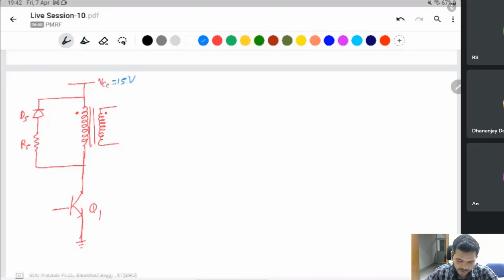This one is 15 volt. When switch Q1 is on, it means this one charges the transformer to give voltage on the secondary side. But at the same time when the switch is off, the current flows like that, which we write as Vp. When the switch is off, you can say a voltage Vq appears here.